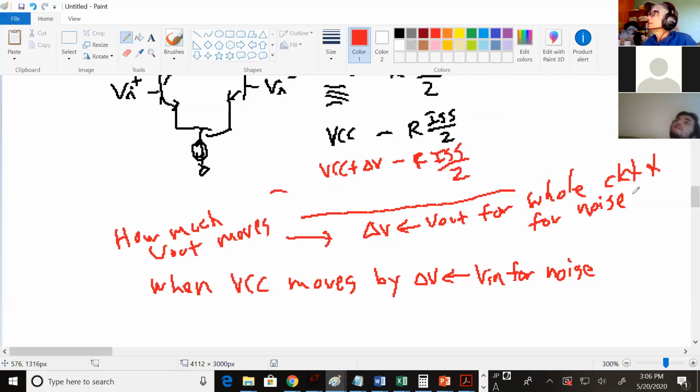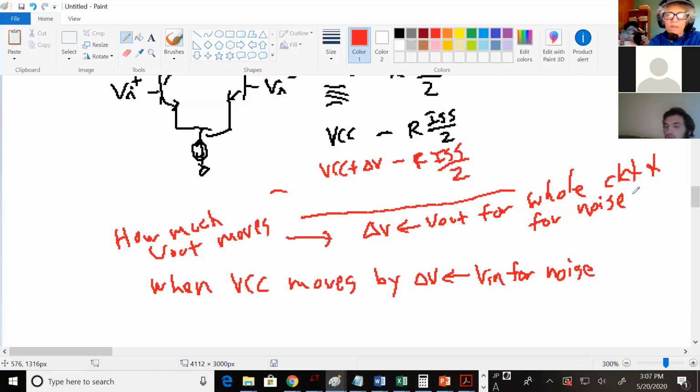So what's the gain there? Wouldn't it just be delta V out over V in? Or the change in V out over the change in V in.